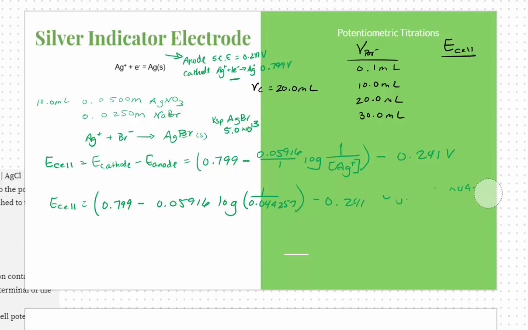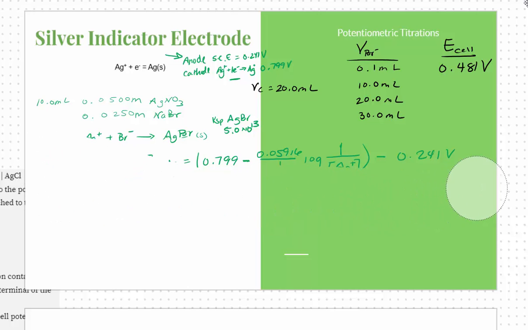And you should get at this particular place in the titration that the E cell is then 0.481 volts. So now we're going to take a similar approach and find out what happens at 10 milliliters because we're still before the equivalence point.